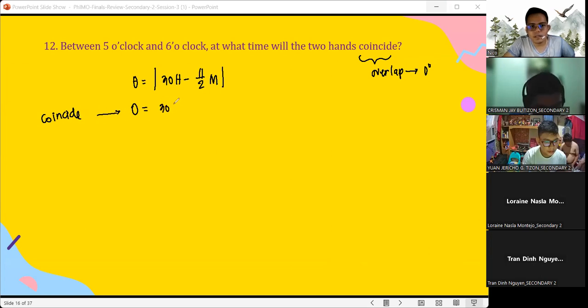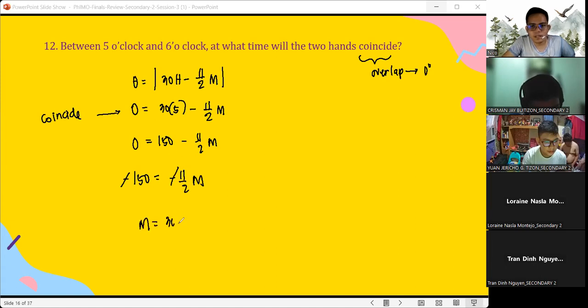So it's 30 times 5 minus 11 over 2m. Okay? So this is 150 minus 11 over 2m. So this is negative 150, negative 11 over 2m. Cancel the negatives. The m value here is 300 over 11, or 27 and 3/11. So the answer here is 5 and 27 and 3/11.